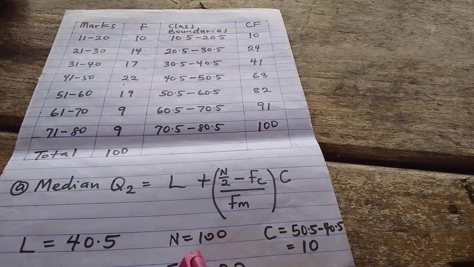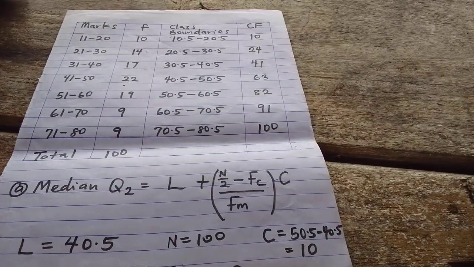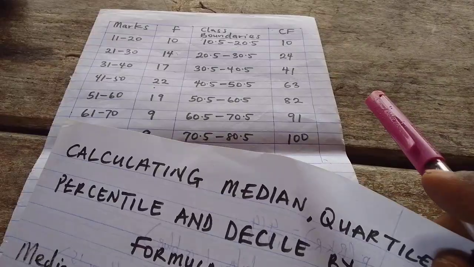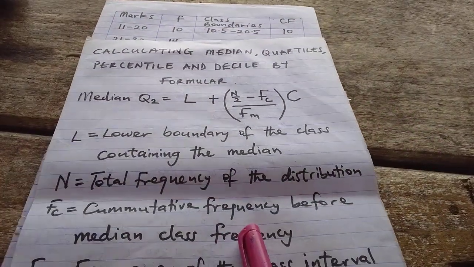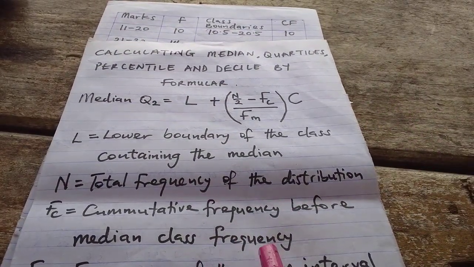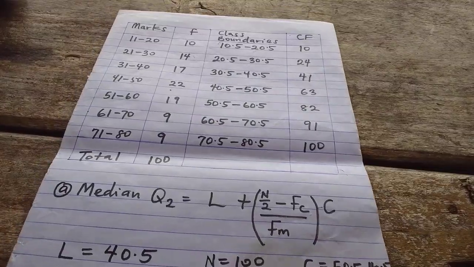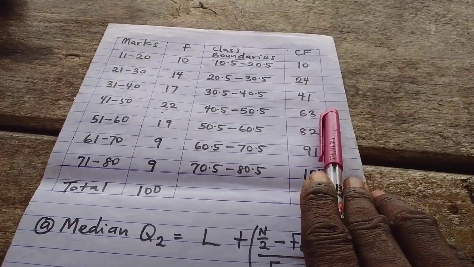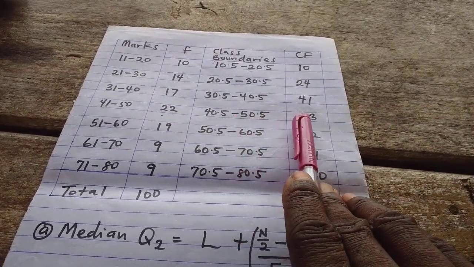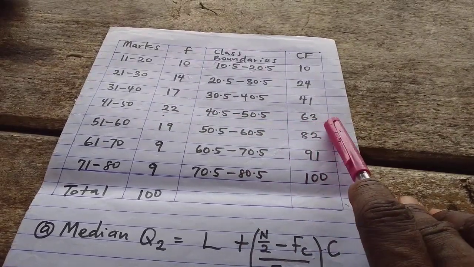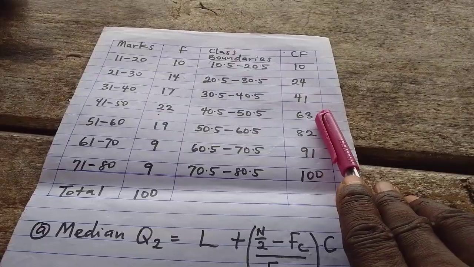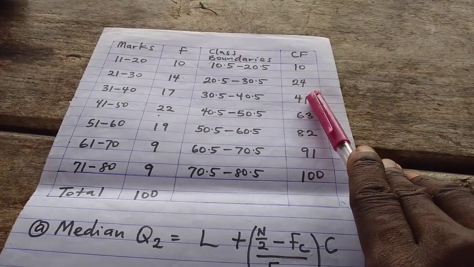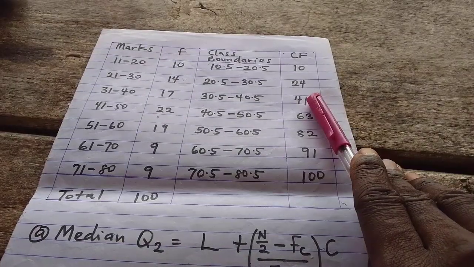So then we have our FC. Our FC is the cumulative frequency before the median class frequency. When you look for the median class frequency, we realize this should be 63. The cumulative frequency before this is what? 41. So that means you are going to write 41.